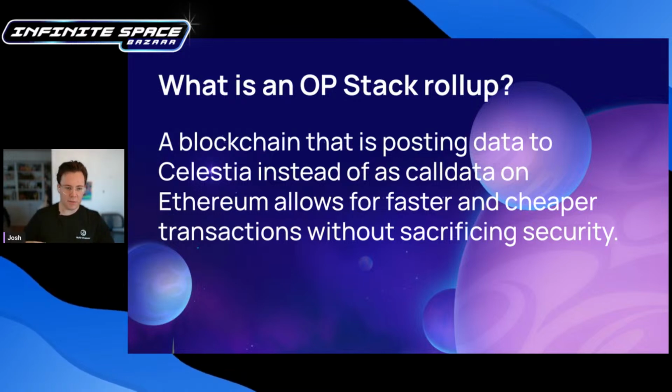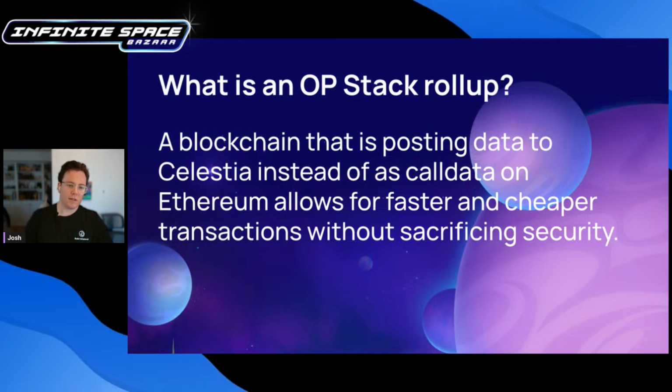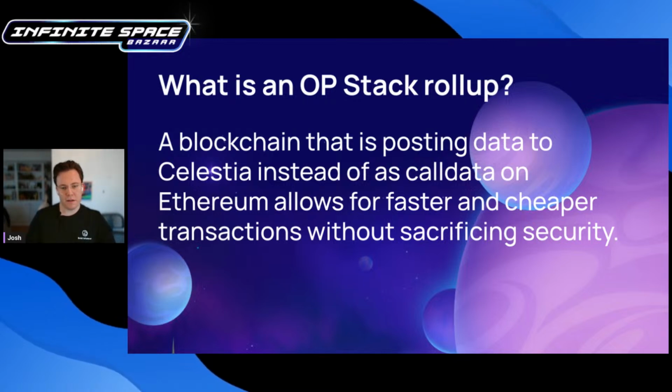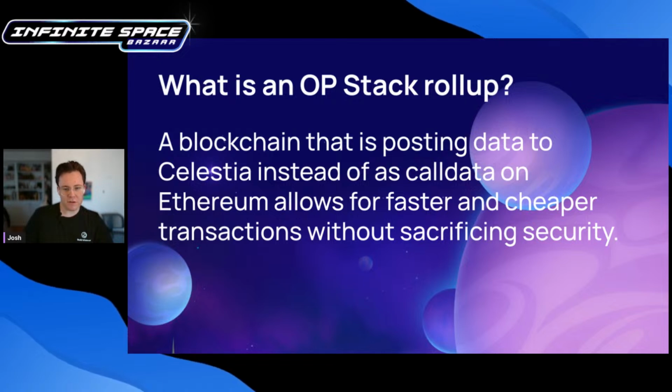Then OP Node reads it back. But in this case, Celestia is the place where we're sending the OP Batcher commitments, and OP Node is reading those from Celestia instead of Ethereum. And really, it just makes it faster and cheaper for the users without sacrificing security.